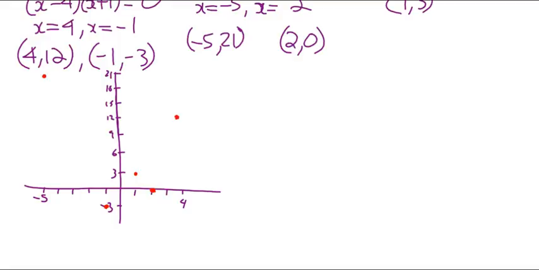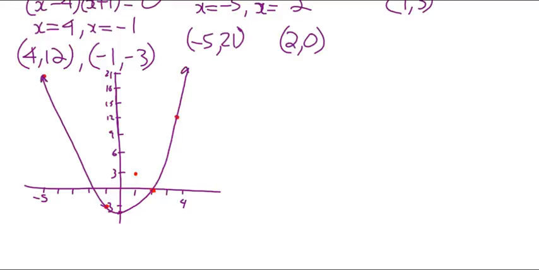Okay, so the x squared minus 4 goes through this point here and this point here. It's going to bottom out here, and look like that. Then it goes through 2, 0 as well as 4, 12.